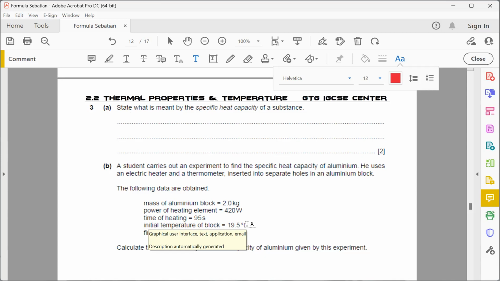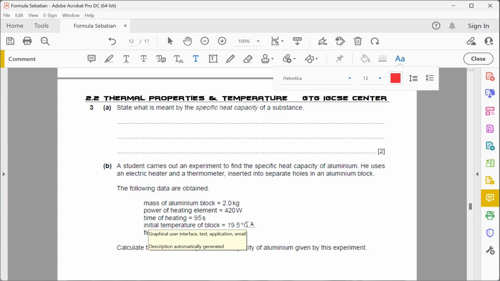Change the system mass. Normal system mass is 1 kg of mass by 1 degree Celsius. Good. Energy needed for 1 kg of system, good.